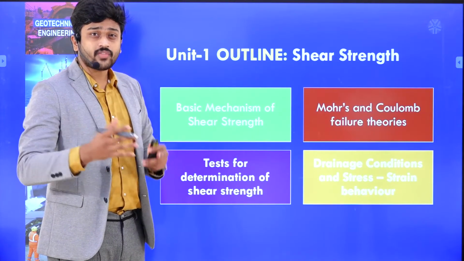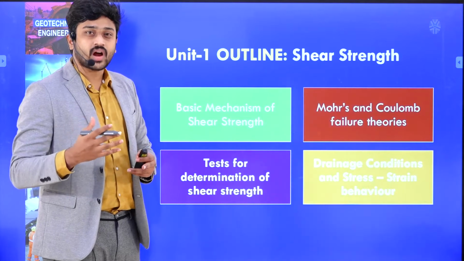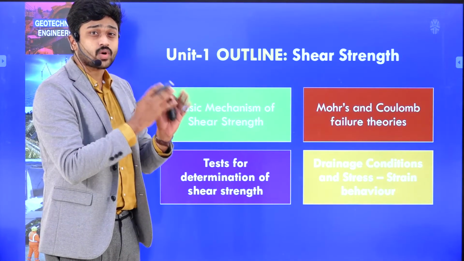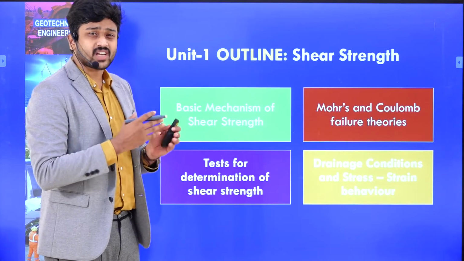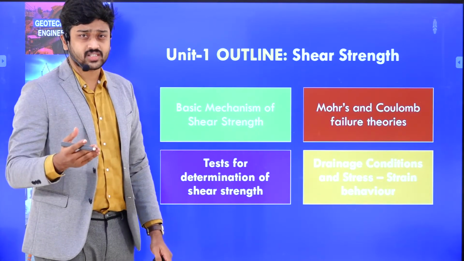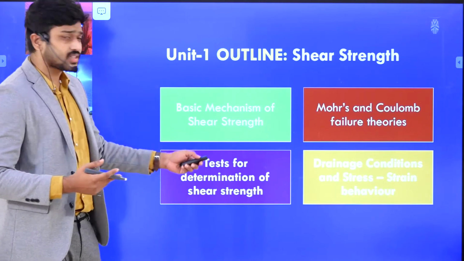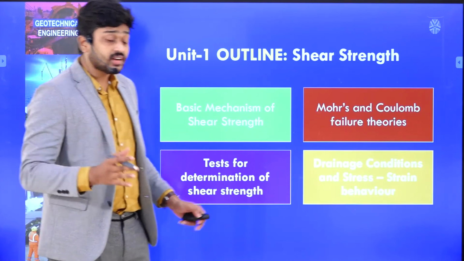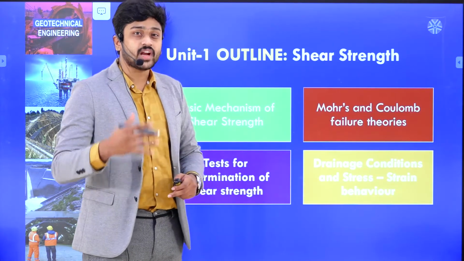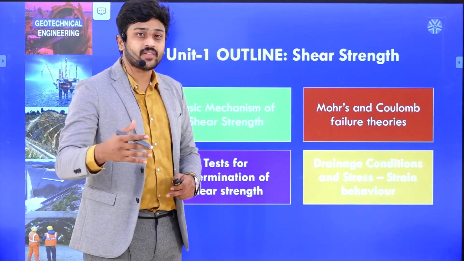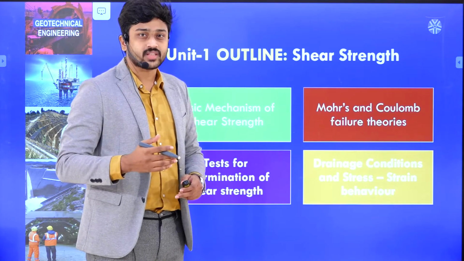We tried to understand the importance of laboratory tests, and then started the discussion with the direct shear test. In today's lecture we will be discussing the triaxial test under different drainage conditions, and then we will try to understand the stress strain behavior of this type of test.